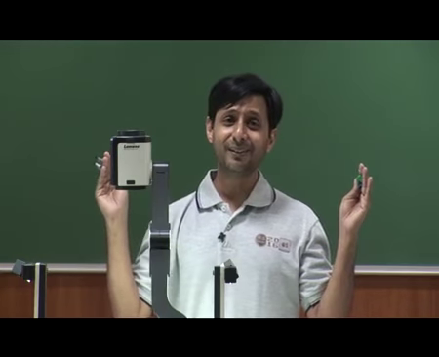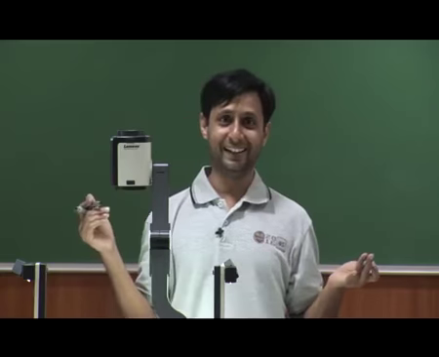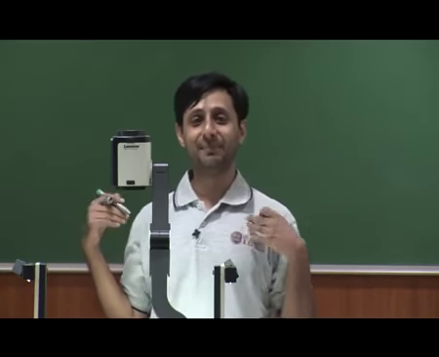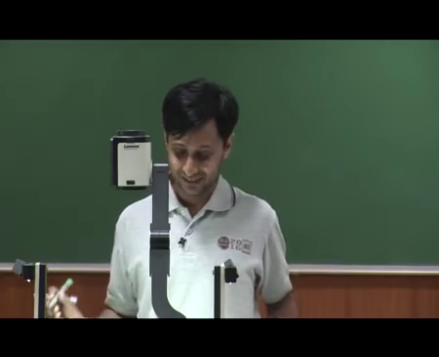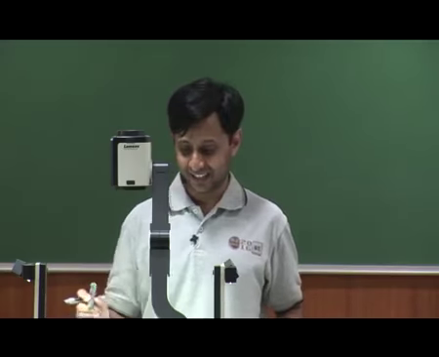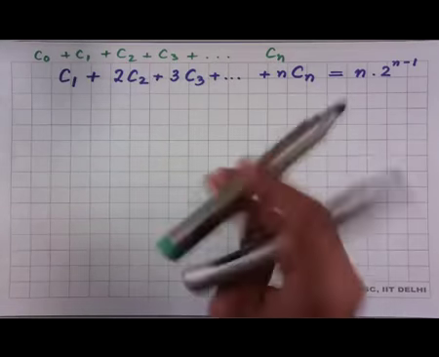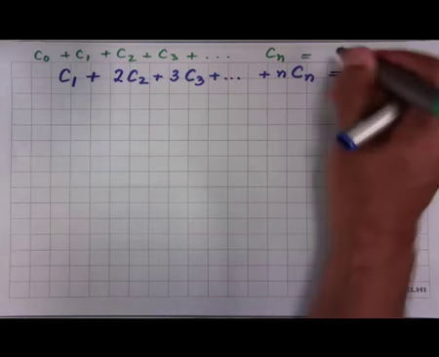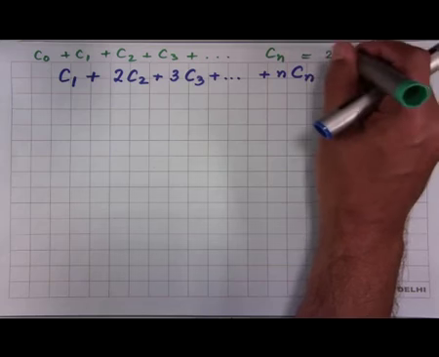We did 1 plus x whole power n, right, and then plugged in x equal to 1, right. If you think of 1 plus x whole power n, plug in x equal to 1, you get this as your expansion, right, and the answer is 1 plus x whole power n, x equal to 1. So, 2 power n.